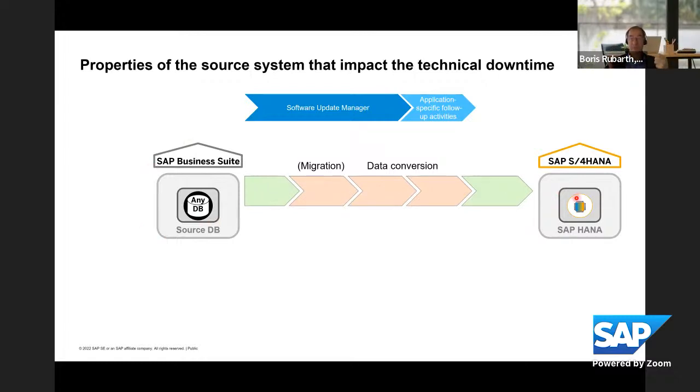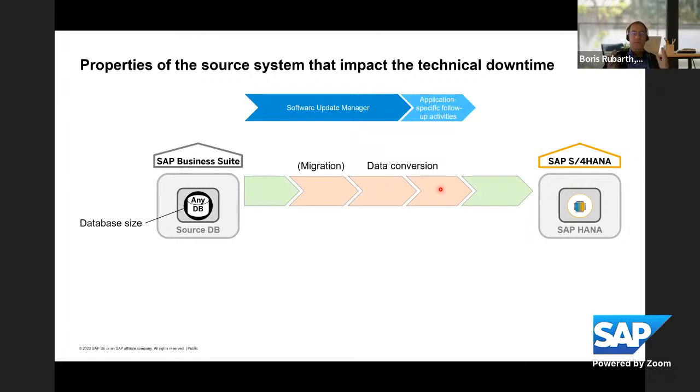Of course, it's the same system as we know in the in-place procedure. What kind of aspects are impacting the downtime, where we know that there may be data migration if source is not yet on HANA database, and we have the data conversion by the software update manager and the data conversion for by IMG activities for Fin and material ledger.